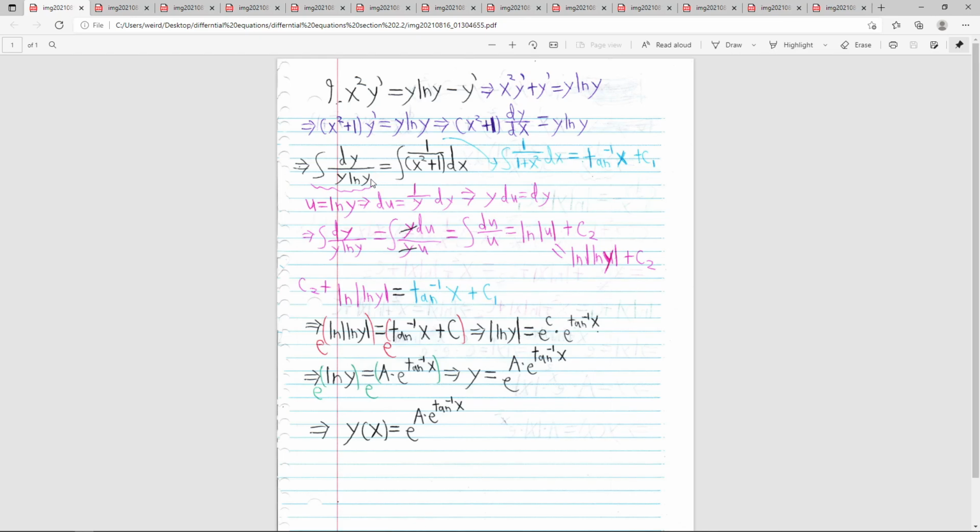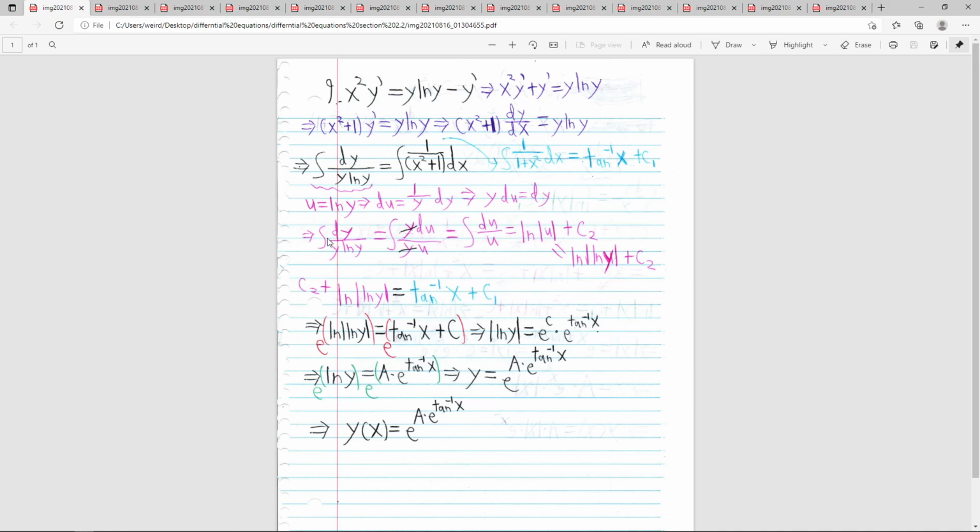The other is the integral of dy over y ln y. Well, we have to do u substitution. We pick ln y here, because you usually pick the more complicated part, and you have to make sure you can eliminate stuff, so you get everything in terms of u. So we get du equals 1 over y dy, and that means that y du equals dy.